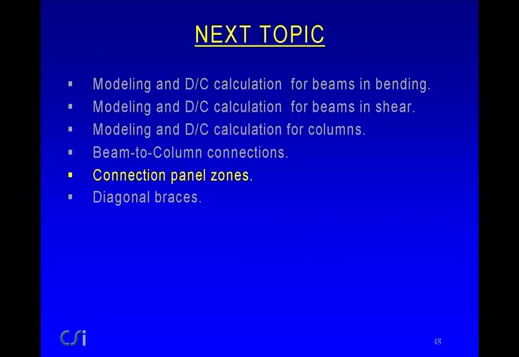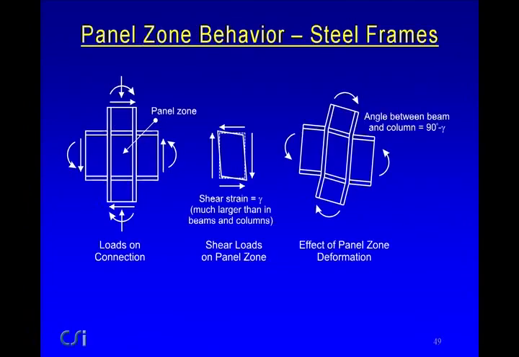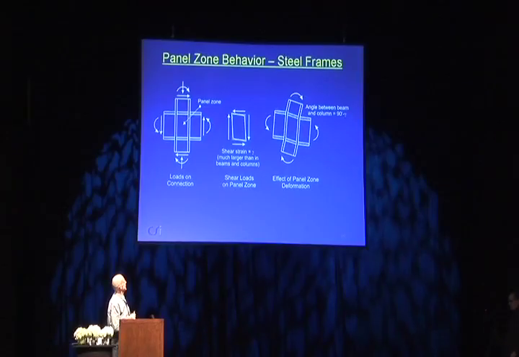Connection panel zones. I think you're probably familiar that the loads on a connection panel zone are basically moments and shears coming in from the beams, moments and shears going out of the columns, and basically moment is being transferred from the beams through the panel zone to the columns, or vice versa.